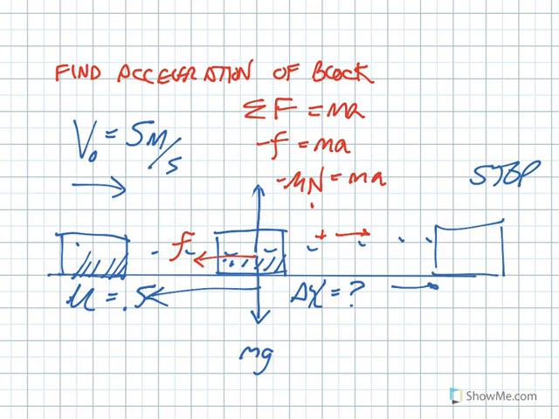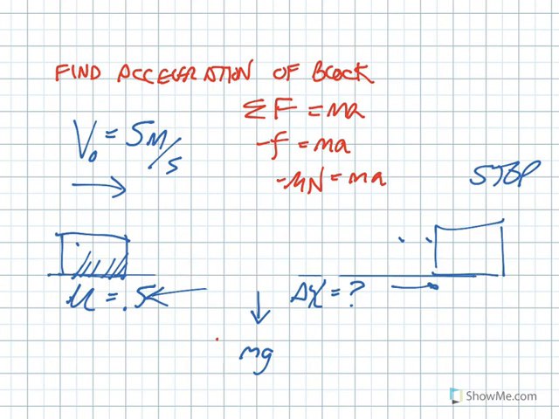But N is equal to mg. So minus mu mg equals ma. And now the m cancels from both sides, so you don't need the mass of the block.